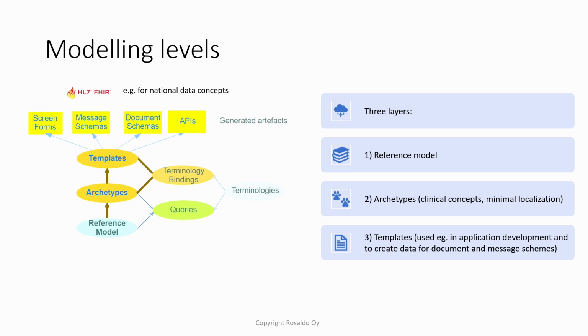And those clinical concepts or archetypes are governed by OpenEHR International. And we really focus on those so that we only localize very, very minimally. So 90%, for example, in Norway, they calculated this, 90% of the archetypes you can use straight away from the international library.